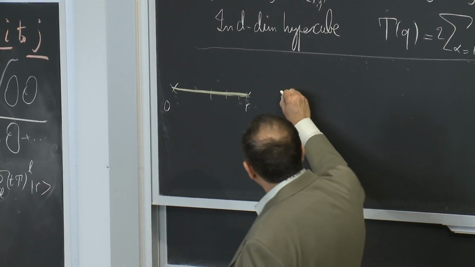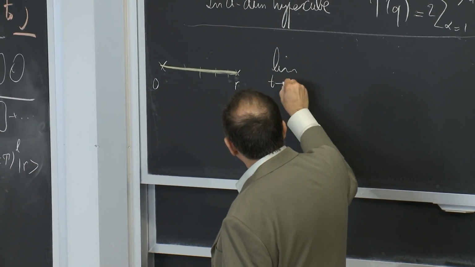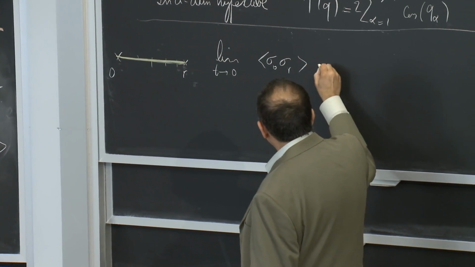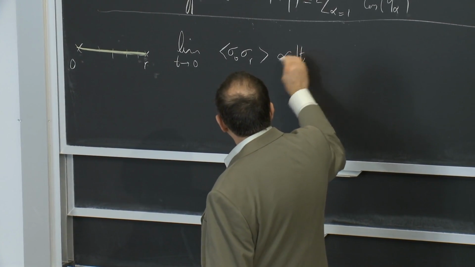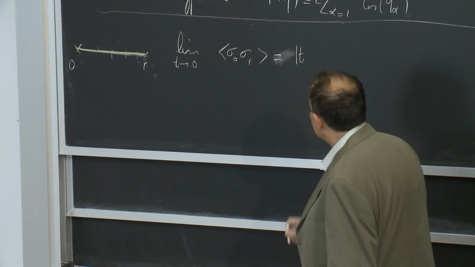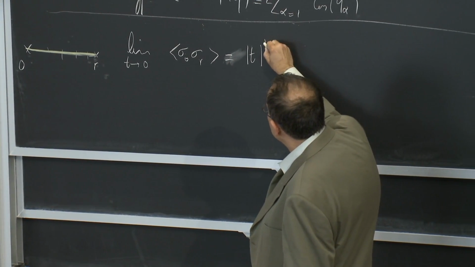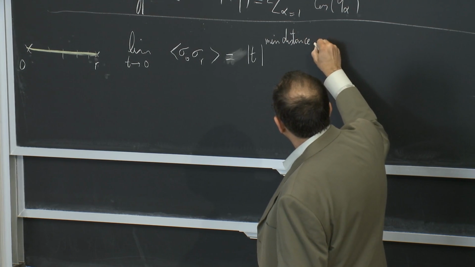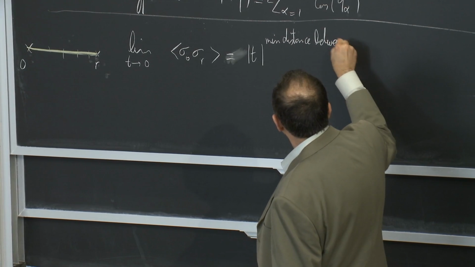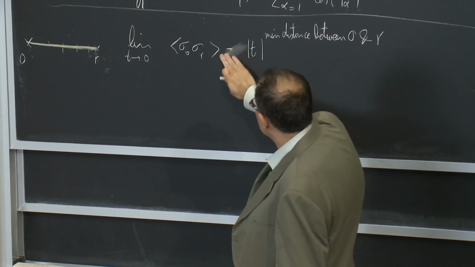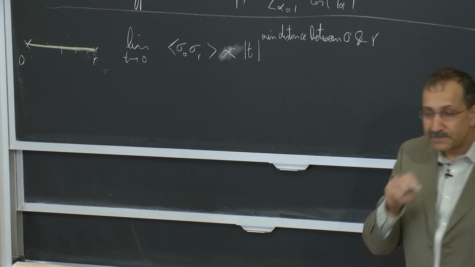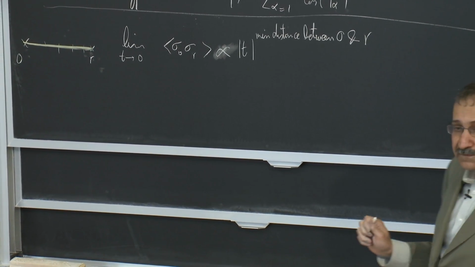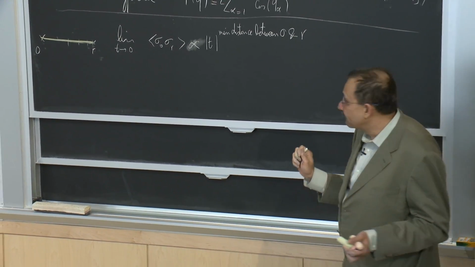So what I'm saying is that the limit as t goes to 0 of something like sigma 0, sigma r is going to be proportional to t to the minimum distance between 0 and r. Actually, I should say proportional is in fact more correct, because there could be multiple shortest paths that go between 2 points. Okay?